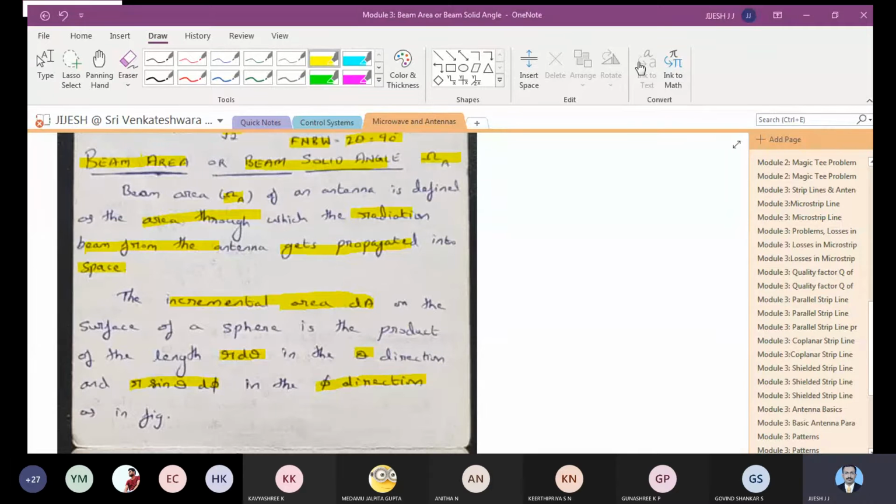These are some of the things you can note down, and then we will move on to the figure, and I will explain the beam area with respect to that.